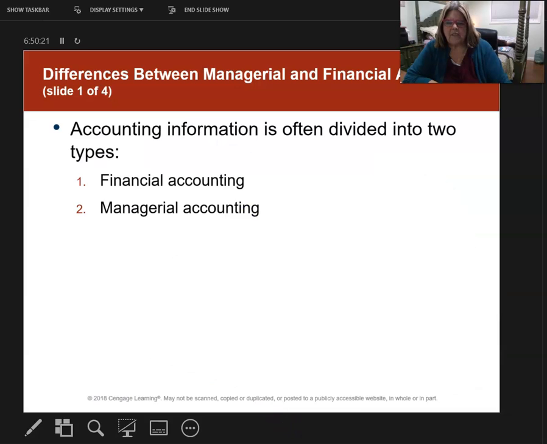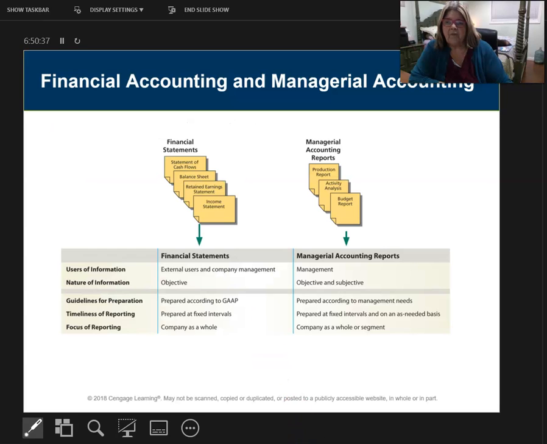Just to reiterate, in case you haven't taken classes for a while, there are two different types of accounting information, financial and managerial, and we are taking managerial. Think of it as accounting 1A and accounting 1B. Different accounting types focus on different things.